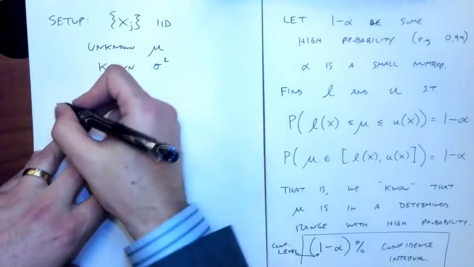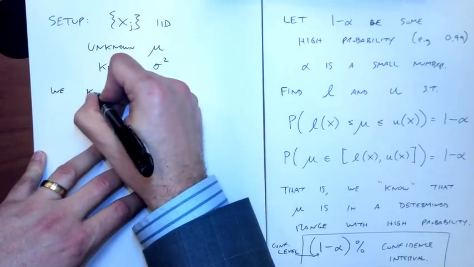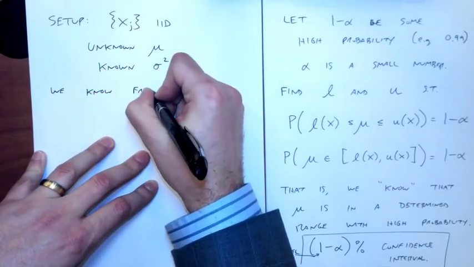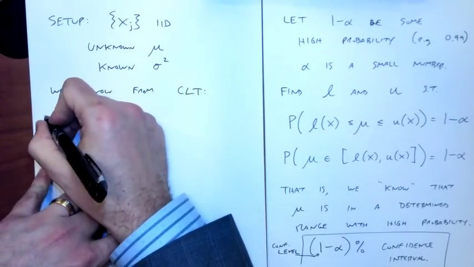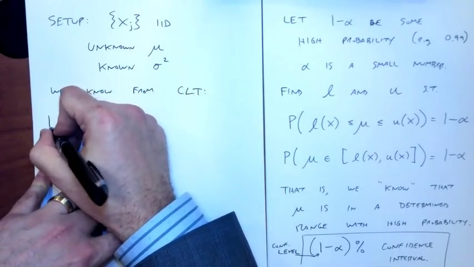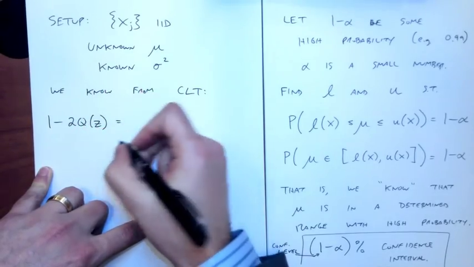So what we know from the central limit theorem is that 1 minus 2 times this Q function is this probability.